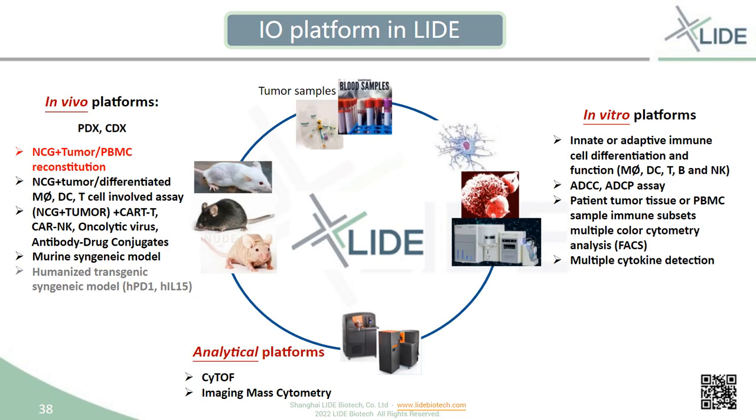Finally, with the fast development of immunotherapy, we have built a stable and well-tested humanized mice model platform for IO drugs, from in vivo to in vitro, from conventional flow cytometry to tissue imaging mass cytometry.